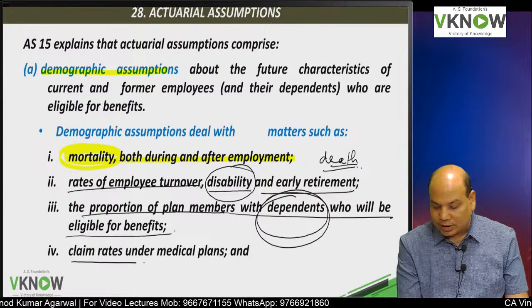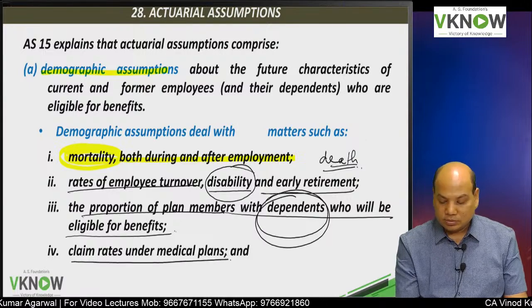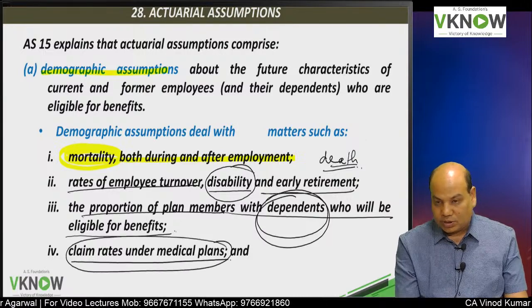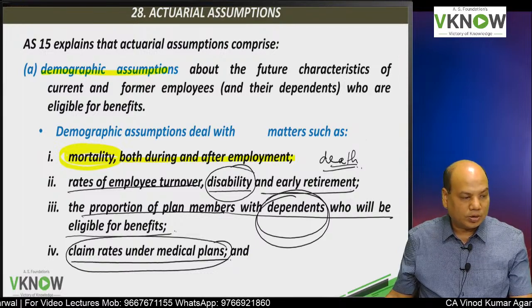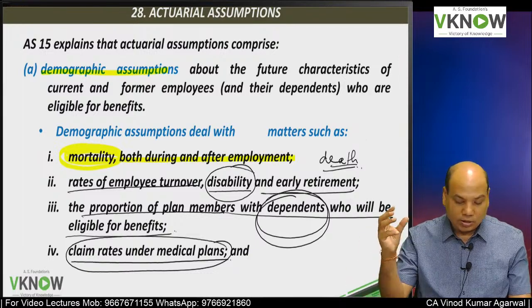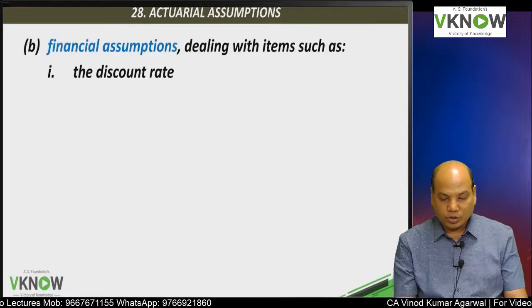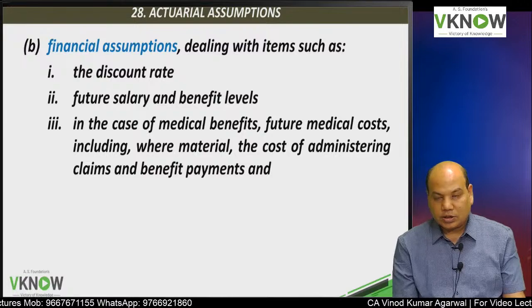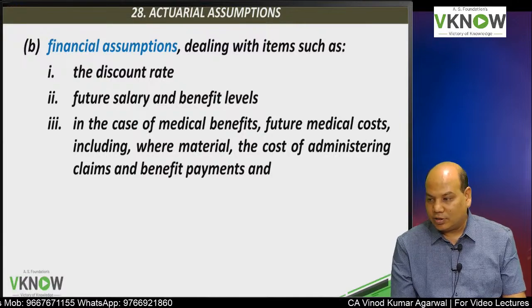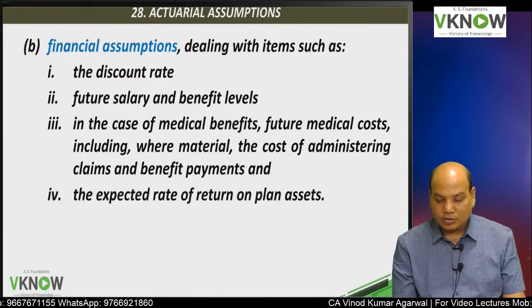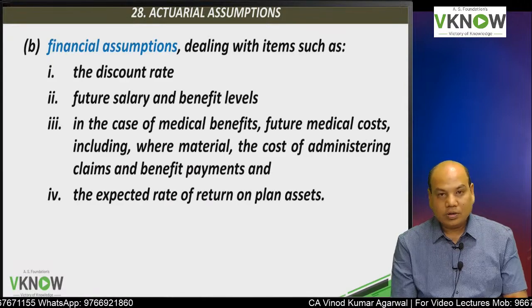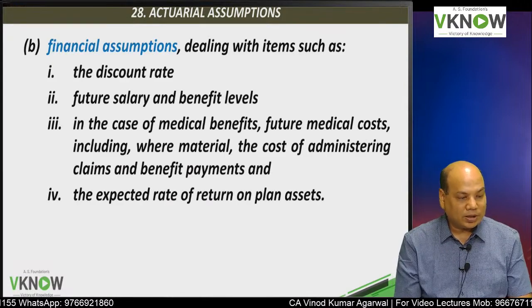And the next is claim rate under medical plan, that is medical benefits provided to the employee. How many of them will claim and how much they will claim will all have to be estimated. And financial assumptions are discount rate, salary increase, medical benefit, future medical cost, expected return on plan asset, like this.